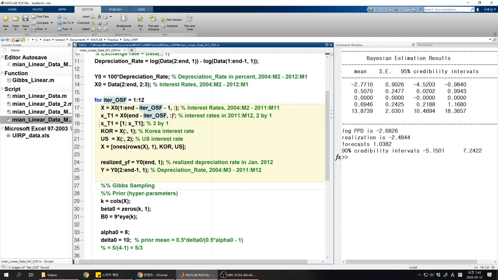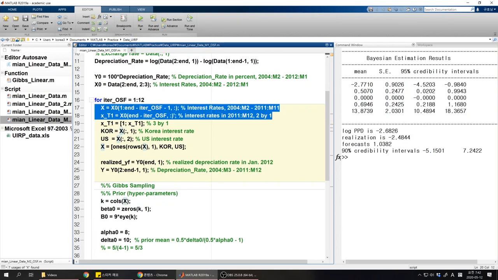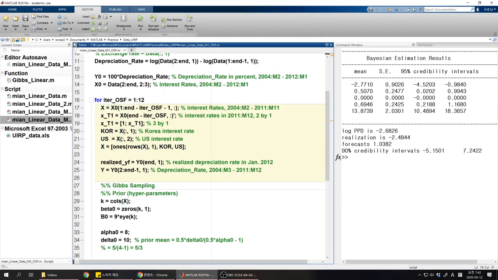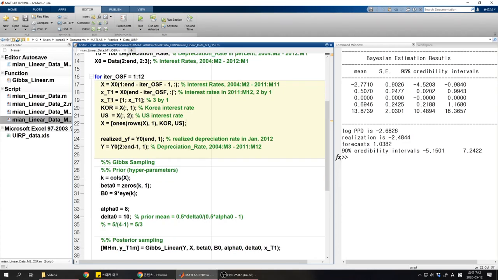There's nothing to change here. What about this? This X is from here, so there's nothing to change either. X is just redefined by adding the intercept. Here y0.